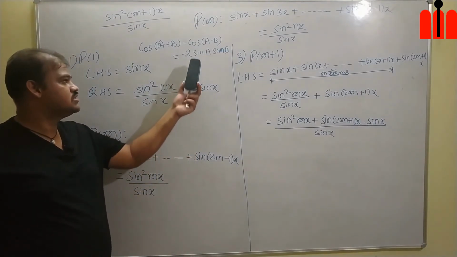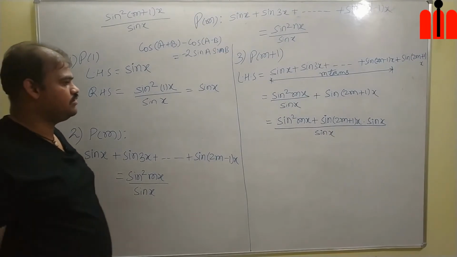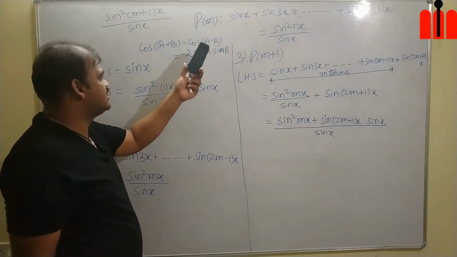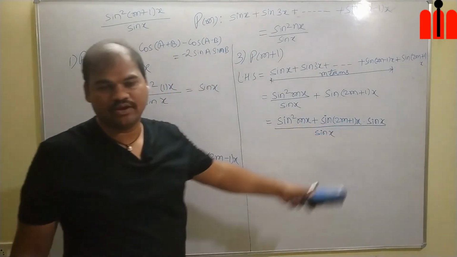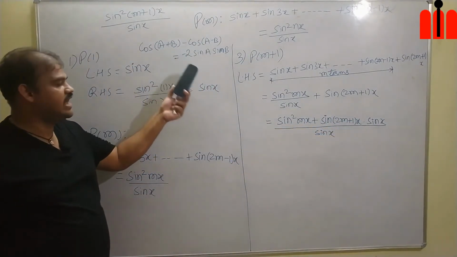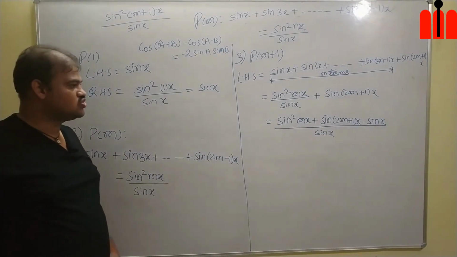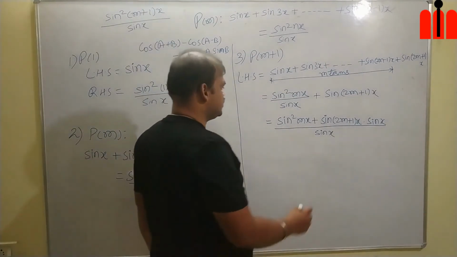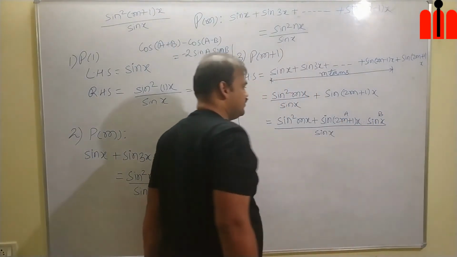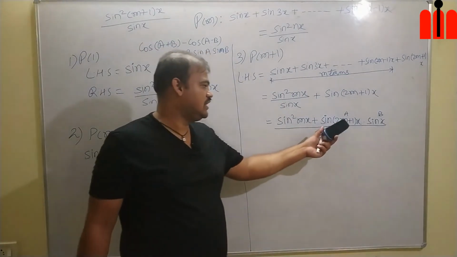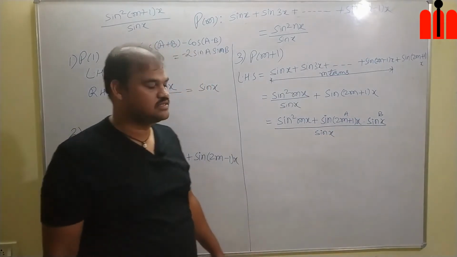So this is what the identity is. Here we are seeing sine a sine b. That's why we will use this identity over here. So how do we figure it out? This is my a and this is my b. So a will be (2m plus 1)x, b will be x.